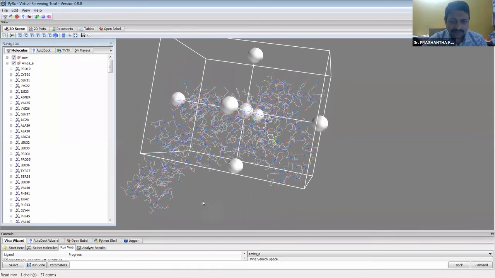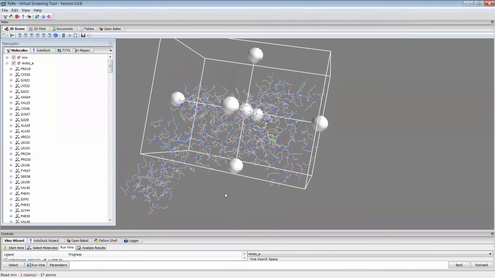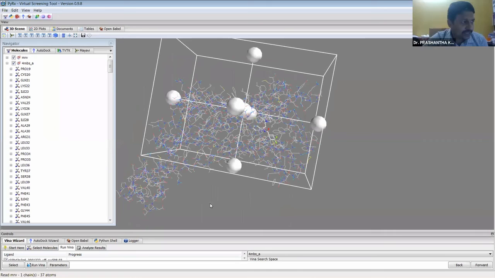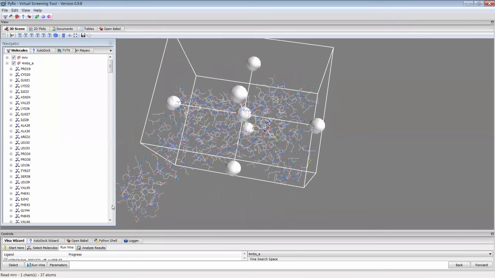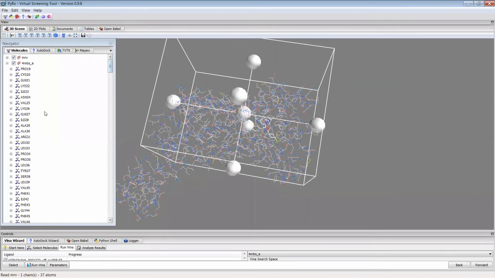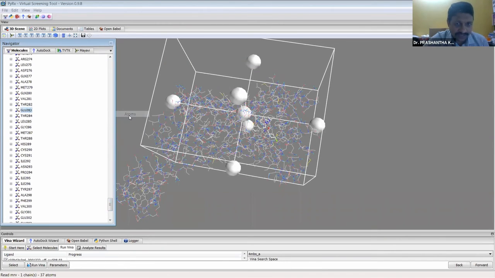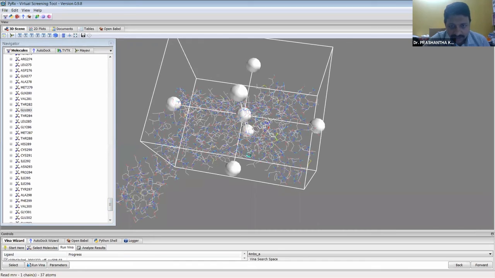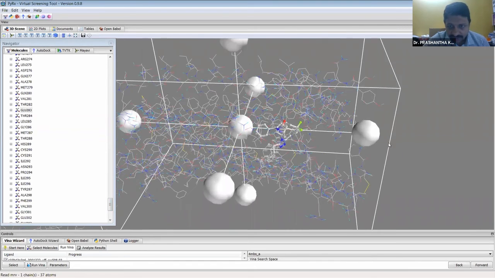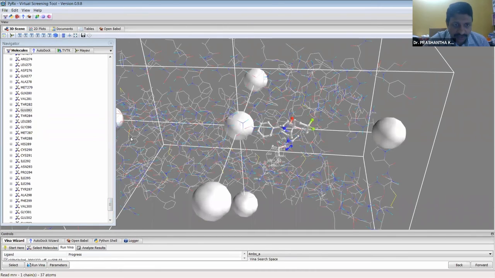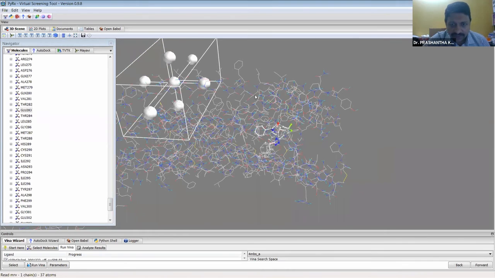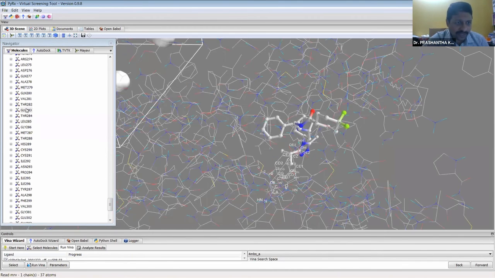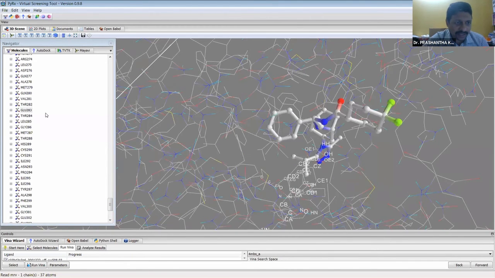Others? 283 position. Glutamic acid 283. Fantastic. Display, label, atom. So that also gets highlighted. To see those things, I can reduce the grid box now, since in my new version I can do that.